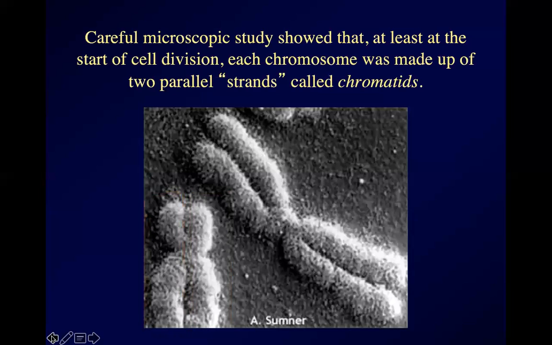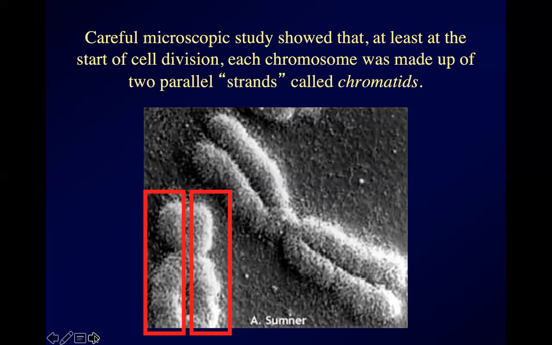And the chromatids join at a spot kind of in the middle, a spot called the centromere. So these are two chromatids at the start of cell division, and these are two chromosomes, and each chromosome is made of two chromatids. And then the larger one to the right is also made of two chromatids. I just haven't put them in boxes.